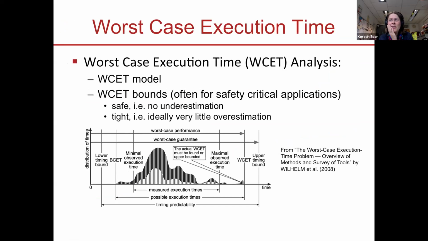That means that for every instruction, you need to know the longest time it requires for its execution, measured in clock cycles, right? You need that model, and then you can determine worst case execution time bounds, which are safe and tight.